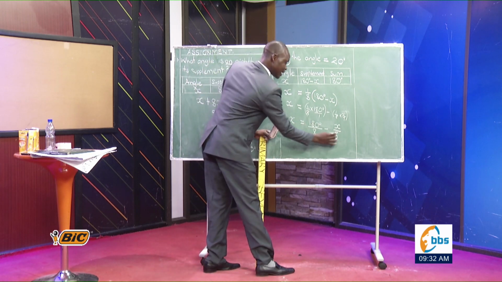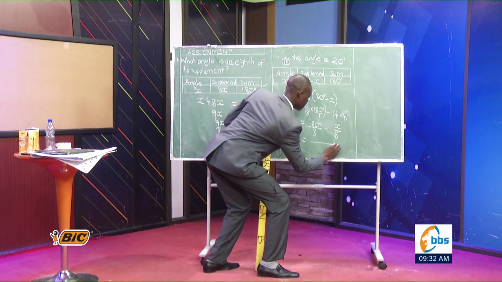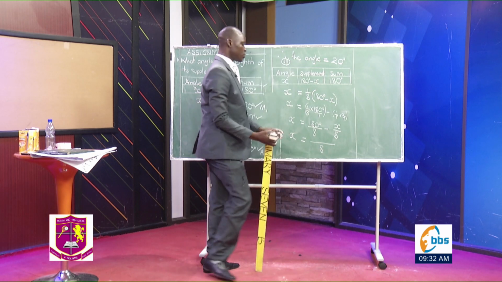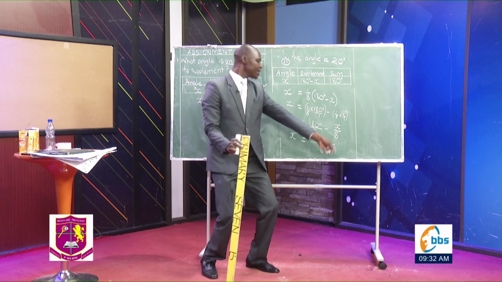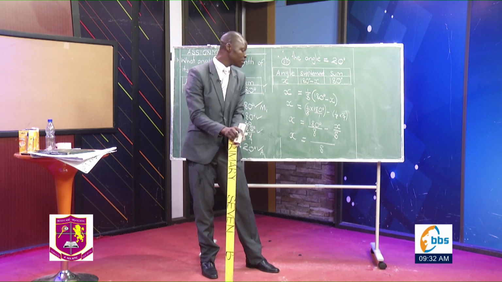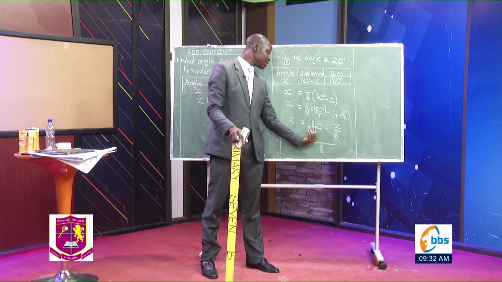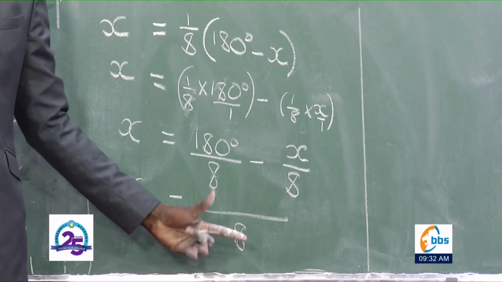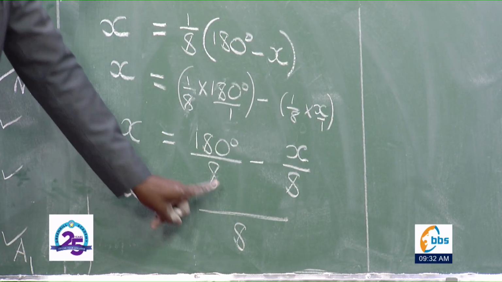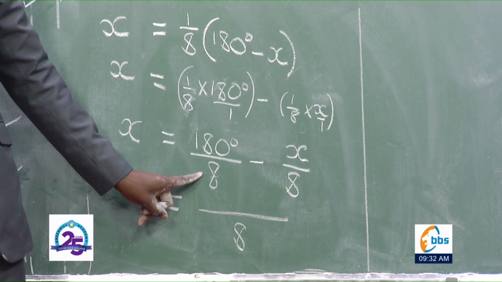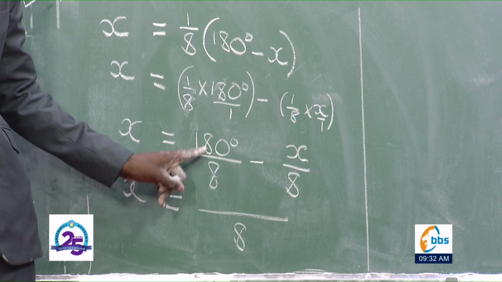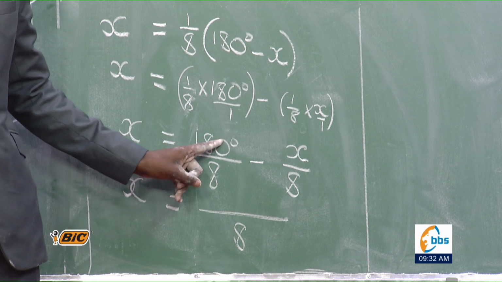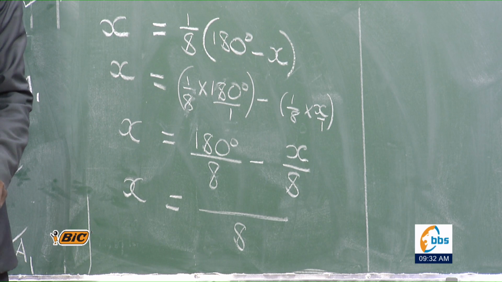The LCM of 8 and 8 is just 8. The lowest common multiple simply means the number that can be divided by these denominators, and you get no remainder. That's the meaning of LCM. When you divide 8 by 8, you get 1. And that 1 times 180 degrees, you will get 180 degrees.